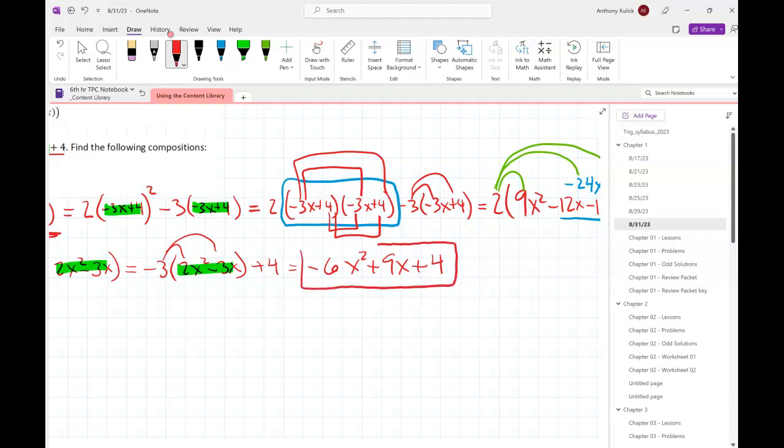But what do you notice about this answer and our previous answer? Are they the same? No. Does that mean we did something wrong? No, we didn't do anything wrong. It just means that you've run into possibly the first operation you've ever seen in mathematics that's not commutative.